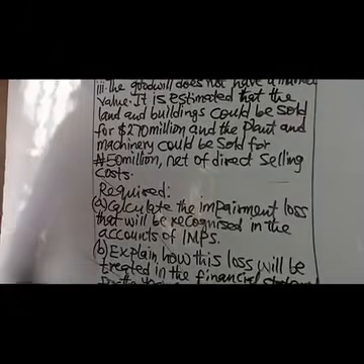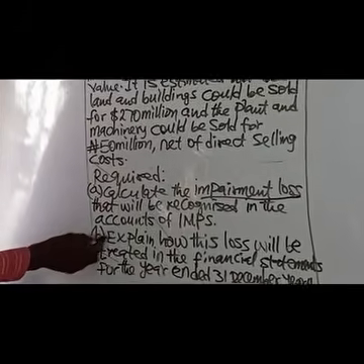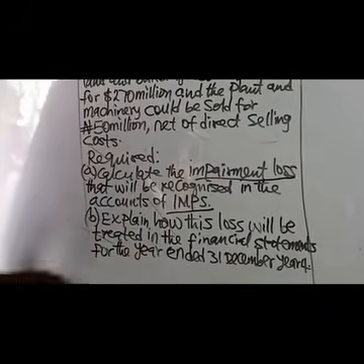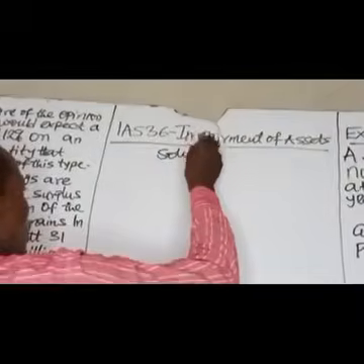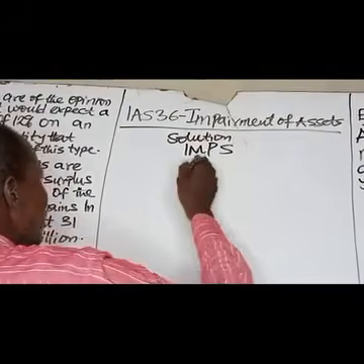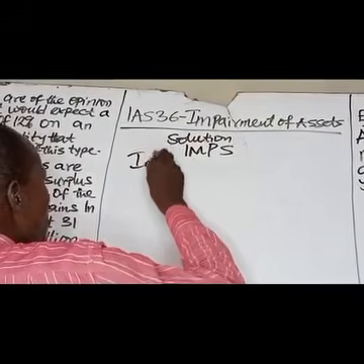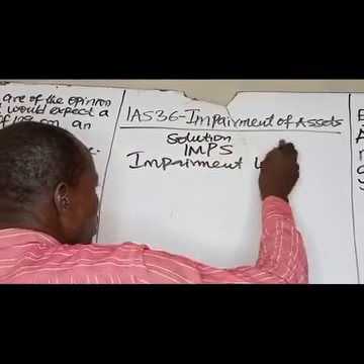The requirement A, you have to calculate the impairment loss. The name of the entity is IMPS. Now, solution. IMPS, calculation of impairment loss.